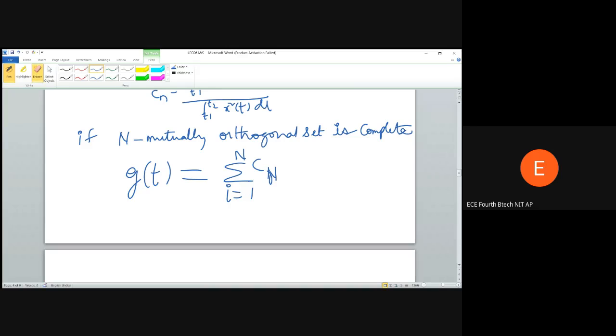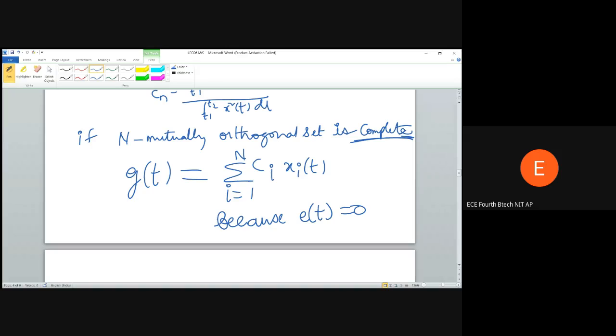Sorry, this is ci actually. This is most important, and why are we writing this equals sign? Because if you calculate the energy, e of t is equal to 0. So energy of e of t is equal to 0.